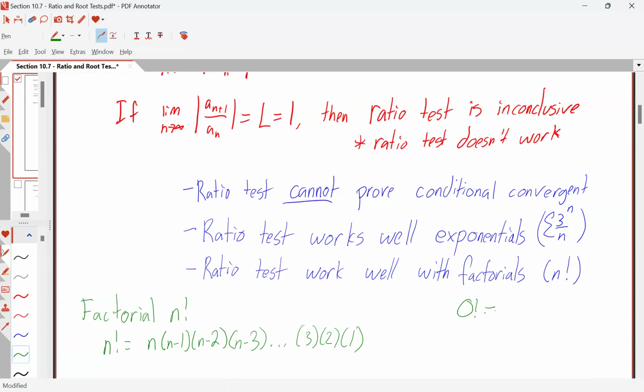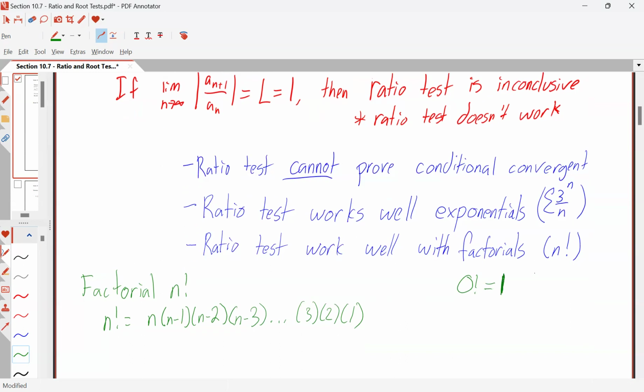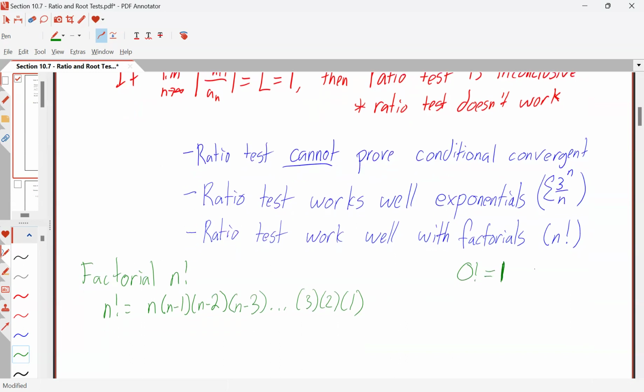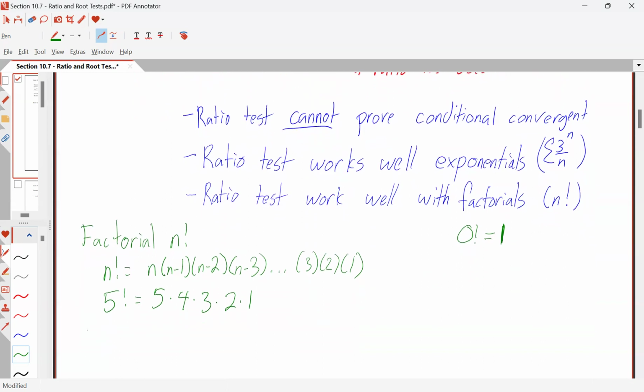Notationally and mathematically, we define 0 factorial to be 1. And some other examples, things like 5 factorial would mean 5 times 4 times 3 times 2 times 1. Or something like 2n plus 1 factorial means 2n plus 1 times 2n plus 1 minus 1, which is just 2n. Subtract 1 again, subtract 1 again, and continue on until we multiply all the way down to 1.